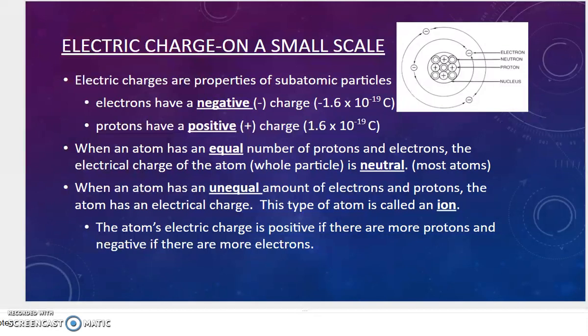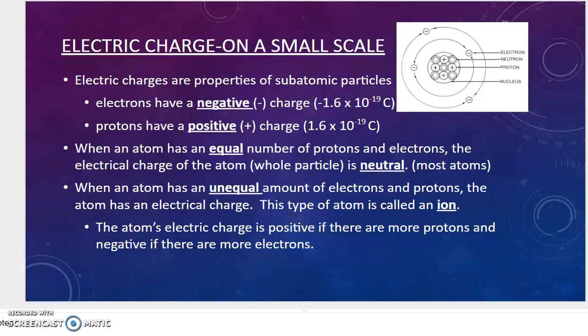Most atoms, and this is below your diagram, we learned have an overall neutral charge, because they have an equal number of protons and electrons. However, sometimes atoms do have an unequal amount of electrons and protons.